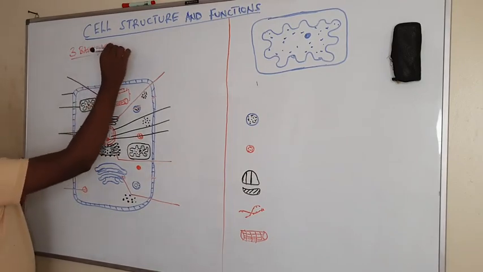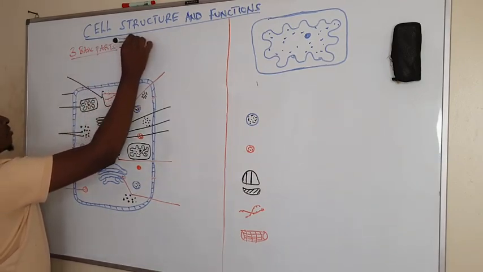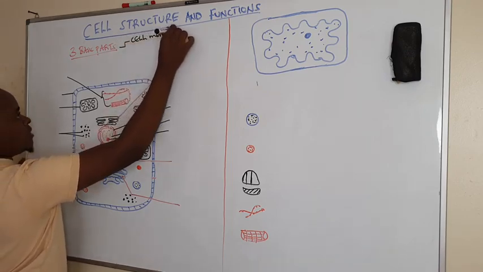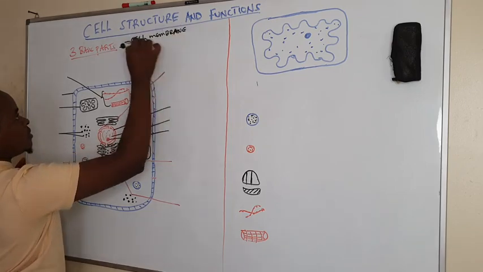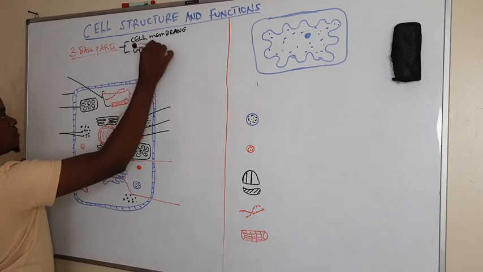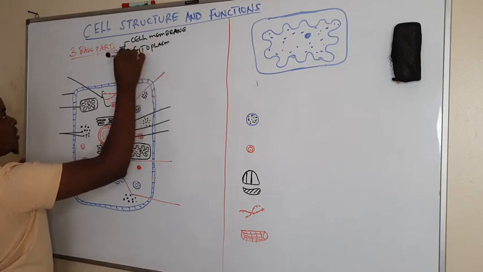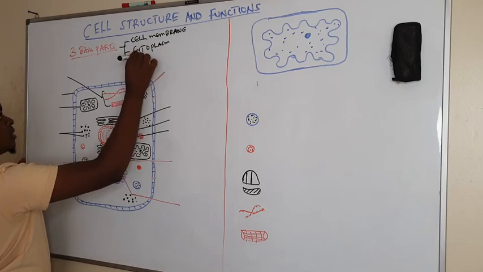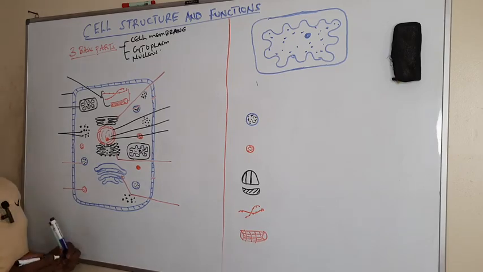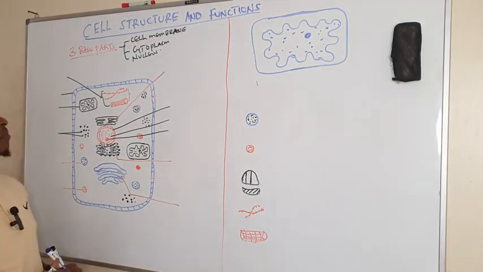The three basic parts are the cell membrane, the cytoplasm, and the nucleus. If they ask you the three basic parts of the cell, these are the basic parts.